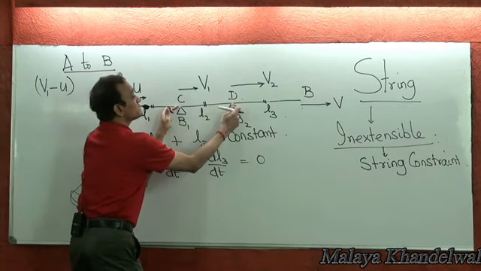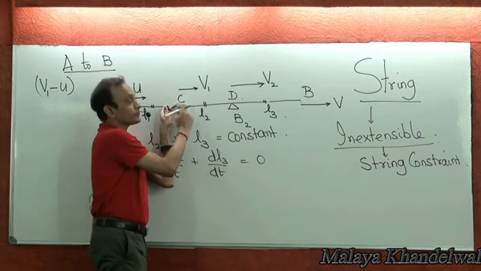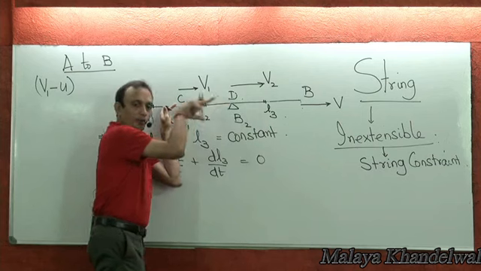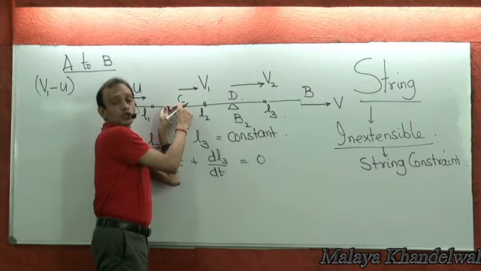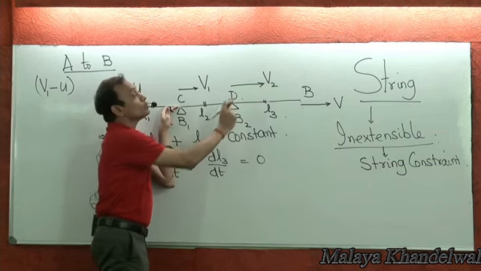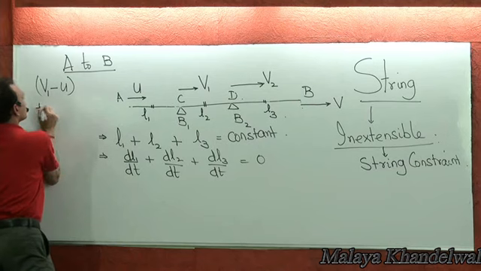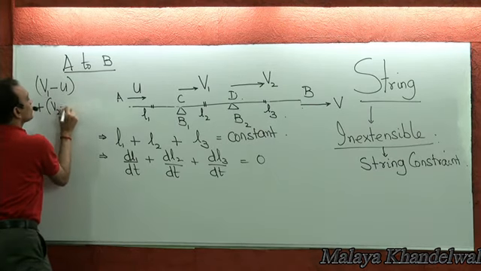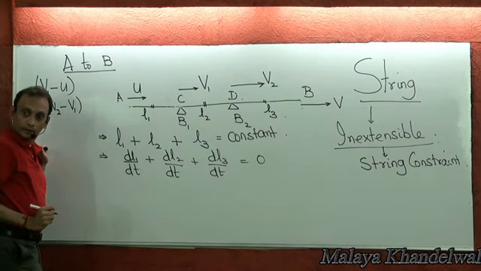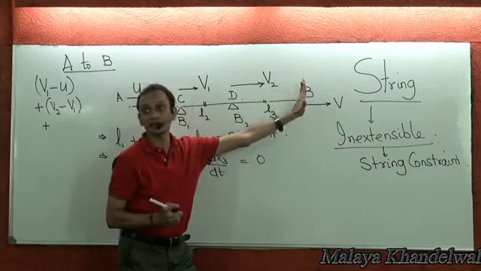Then I go from C to D. This is the final point, this is the initial point. Then dl2 dt would be what? Velocity of the final point in the direction of traversal minus velocity of the initial point in the direction of traversal, yes or no? So that's going to give me V2 minus V1, right, plus I take the third segment.